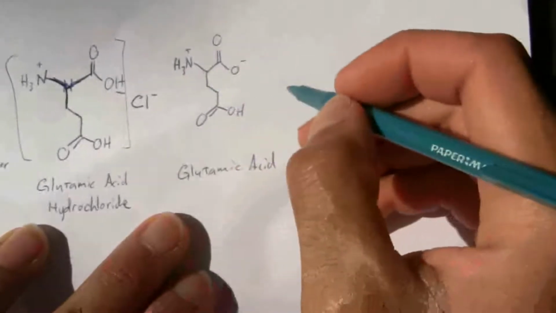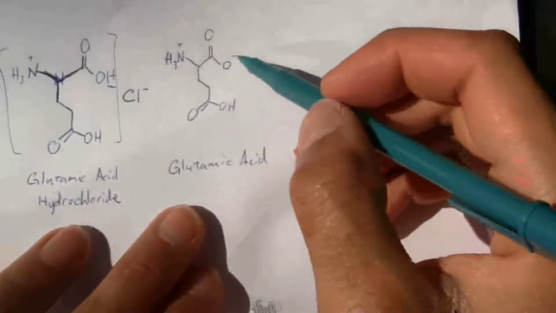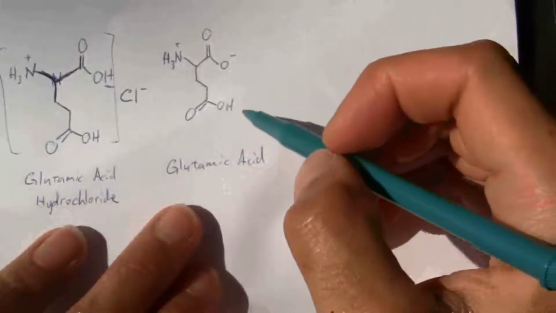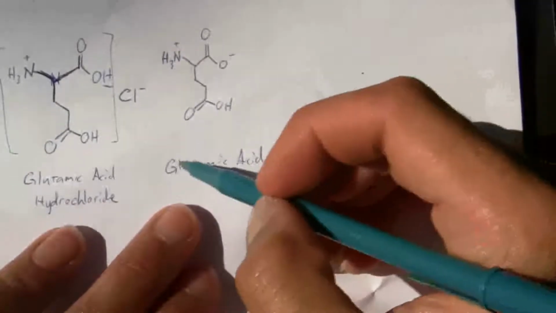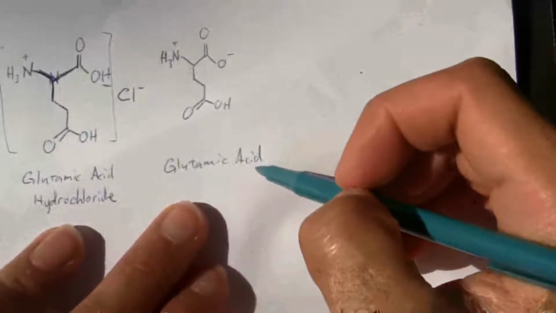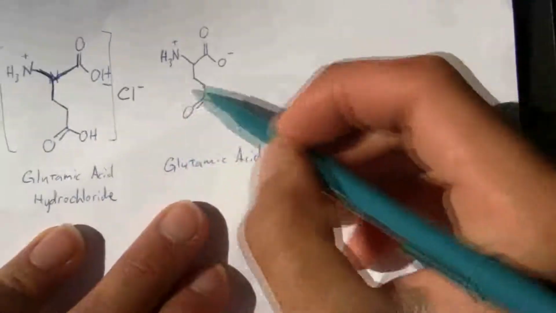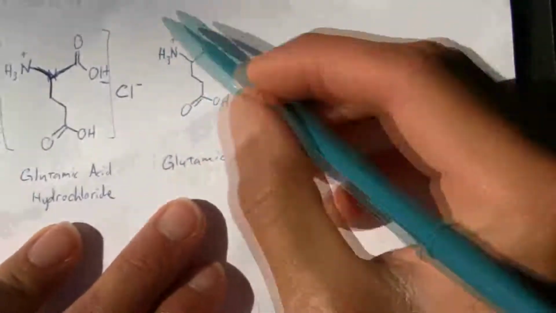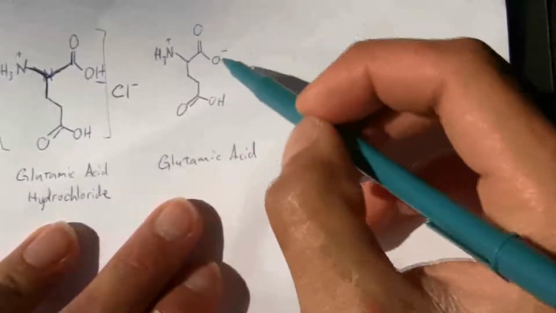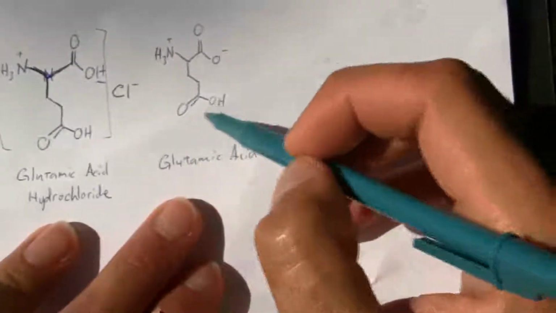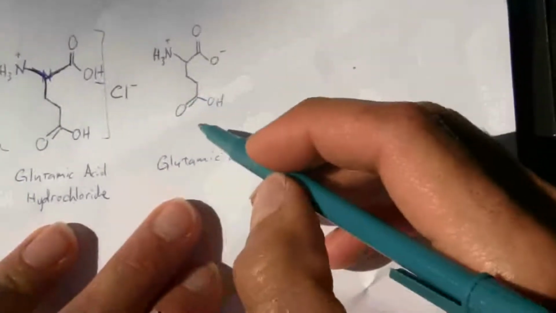There's another form. Since this is an acid, here we have this acid functional group, a second one. All the amino acids have this acid group, but glutamic acid in particular has this other acid group.